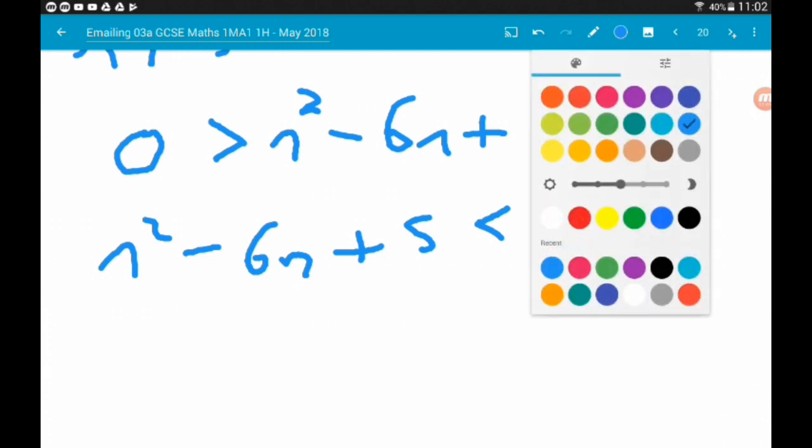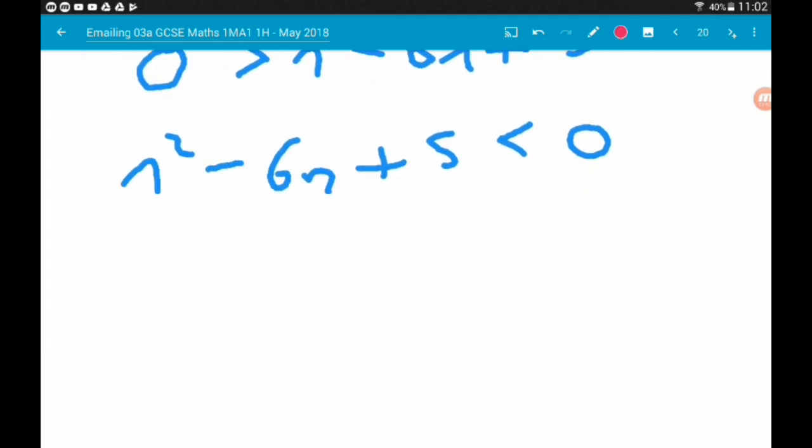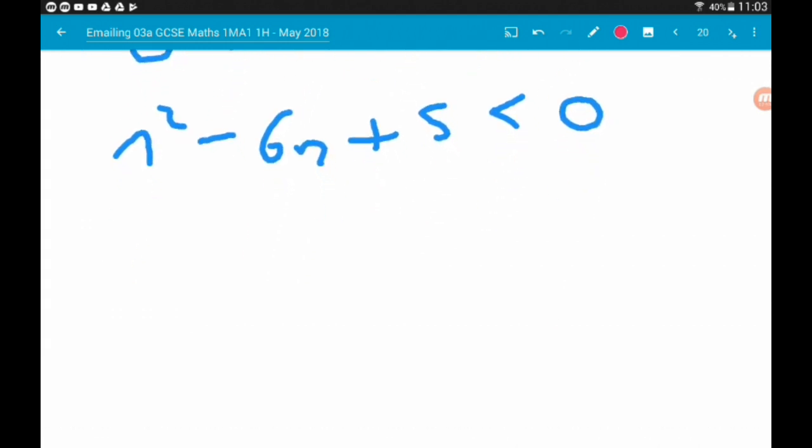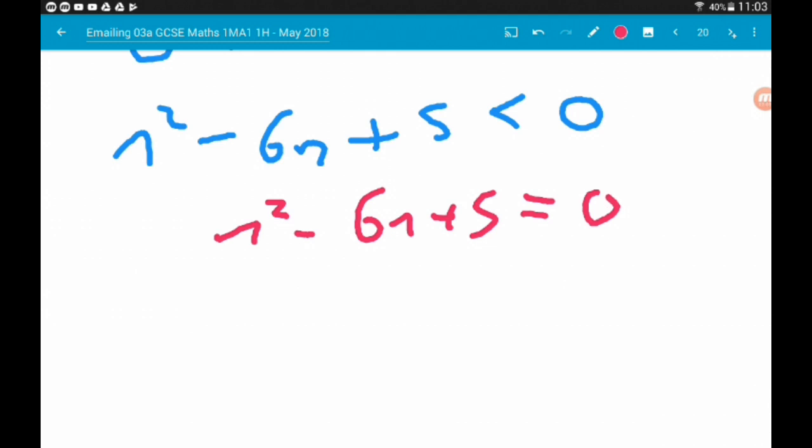So the first thing to do is think of this now as a quadratic equation equal to 0. So we're going to go n squared minus 6n plus 5 is equal to 0. Now we want to solve this, so we're going to factorise. So this goes to n. Now we need two numbers that add together to minus 6 and multiply together to positive 5.